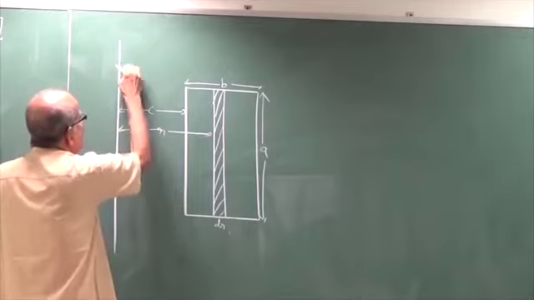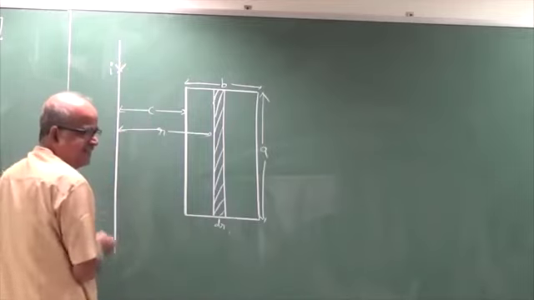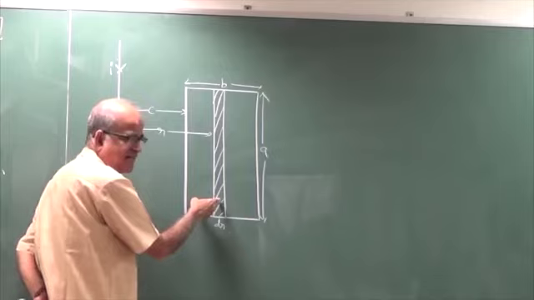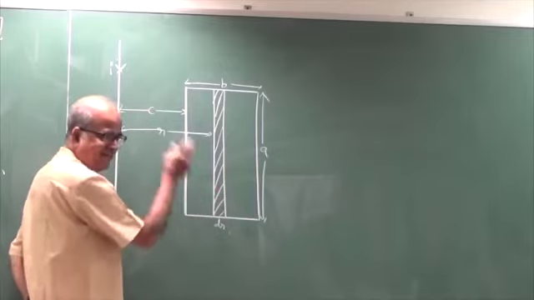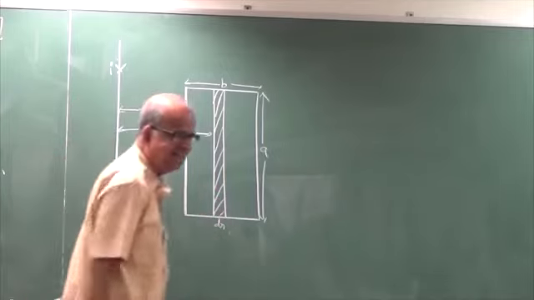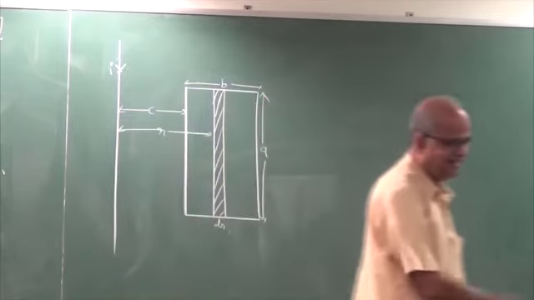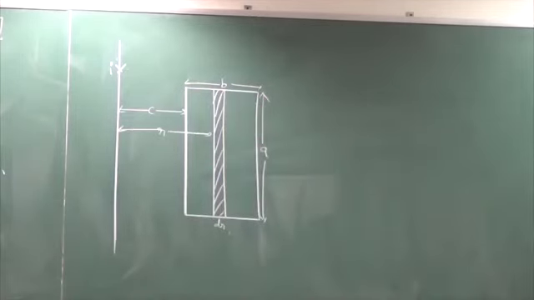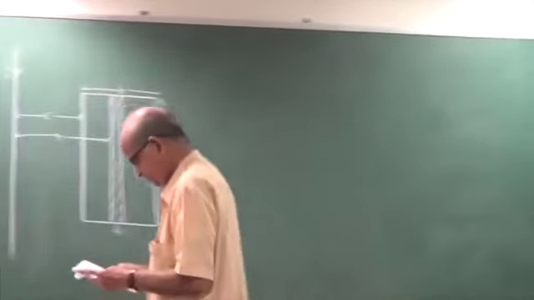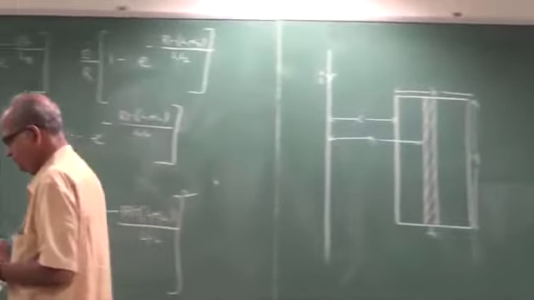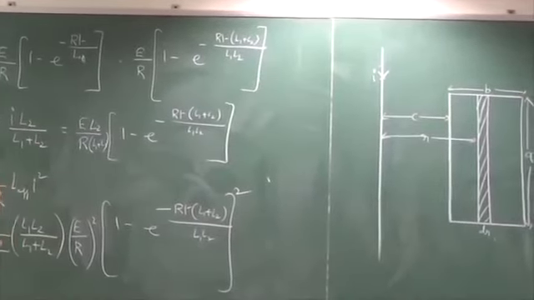We will take the current flowing down. What magnetic field is produced at this location? What is the flux? Correct now? Integrate that. Flux per unit current will give you the mutual inductance. That's the trick of finding the mutual inductance.